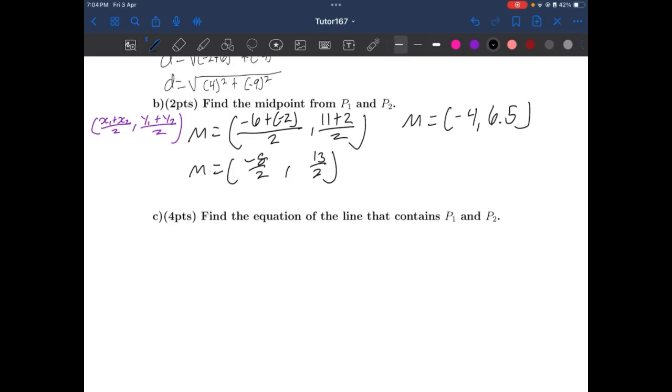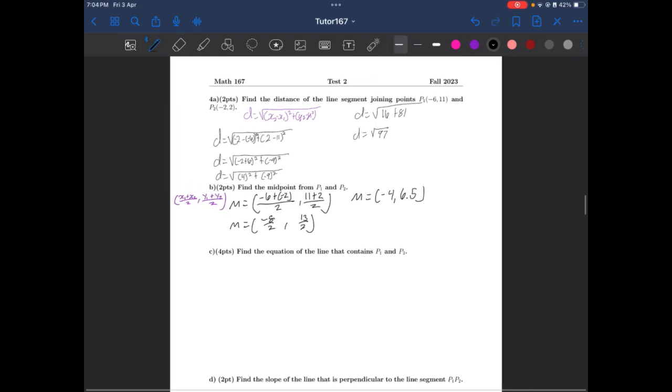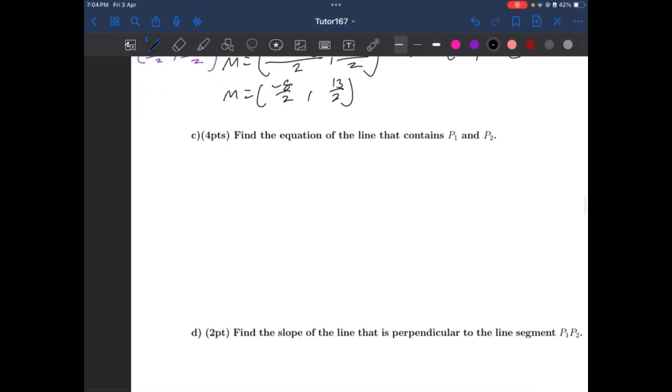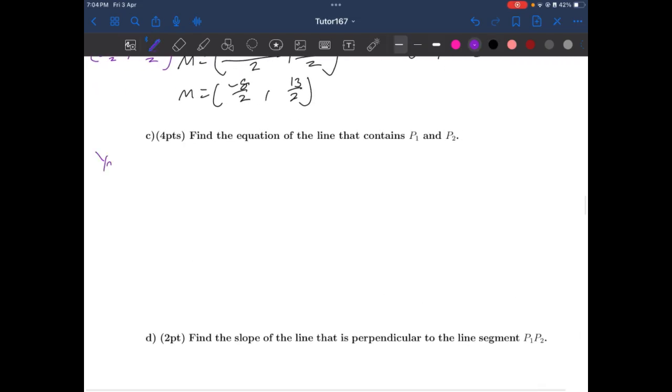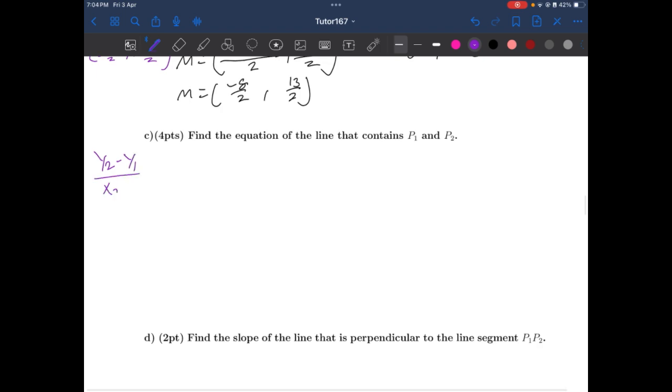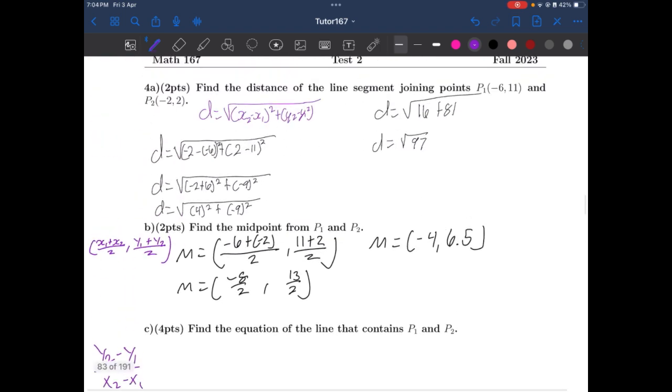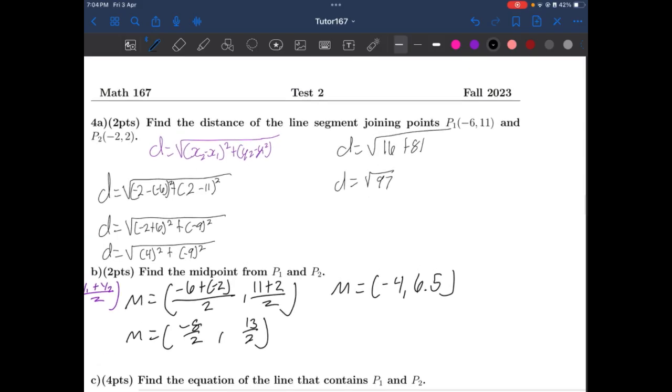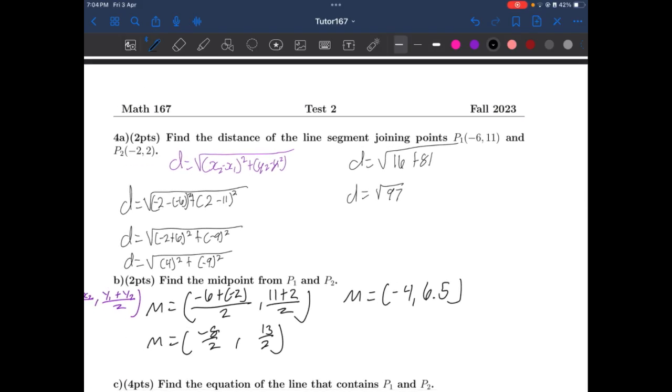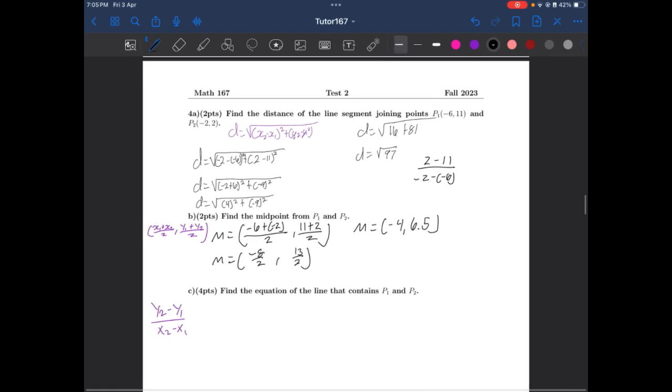Find the equation of the line that contains P1 and P2. So first thing we're going to do is find our slope. Remember, our slope formula is y2 minus y1 divided by x2 minus x1. So that would be 2 minus 11 divided by negative 2 minus negative 6.